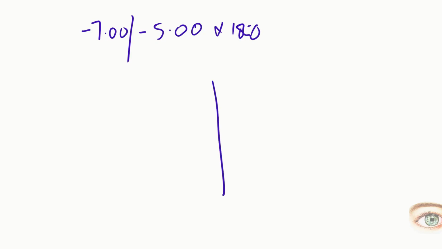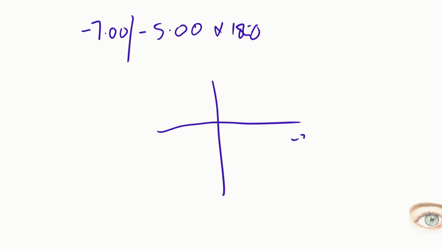What happens if the prescription is going to be like this, right? Now, for that case, we know a rule. 180 is the axis, and we know that the power of the cylinder at the axis is 0.